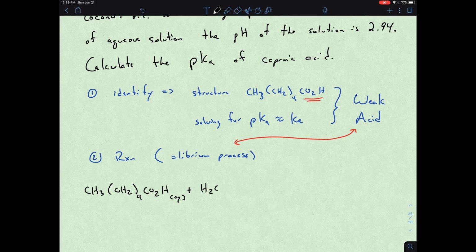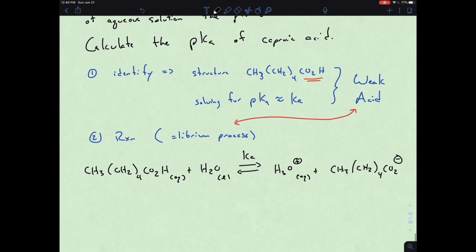So the caproic acid is going to react with water. That is defined by our Ka. And we would produce hydronium ion and then caproate, which would be the molecule caproic acid, but now minus that proton. And so now it's a negatively charged molecule. And that is our conjugate base.